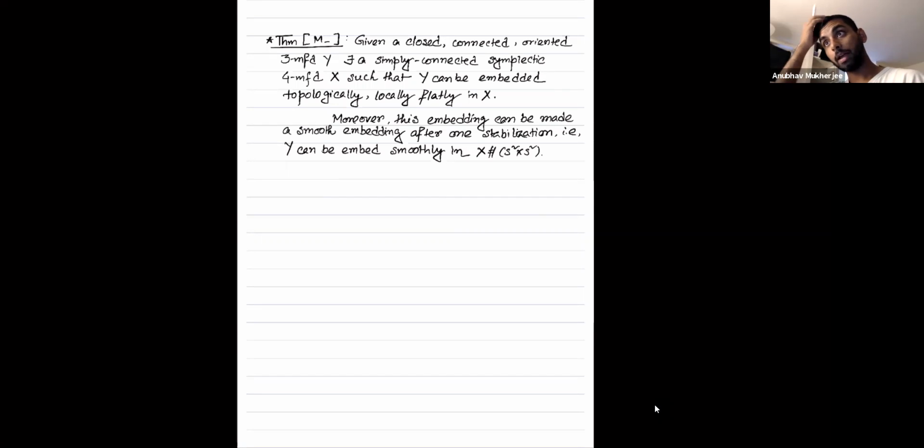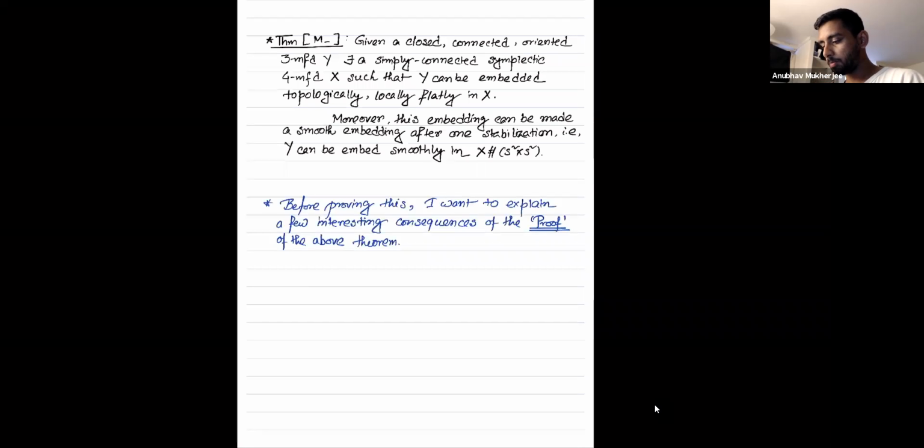That is, Y can be embedded smoothly in X connected sum S2 cross S2. Of course, X connected sum S2 cross S2 is not symplectic anymore, because if you know a little bit about Seiberg-Witten or Heegaard Floer theory, you can easily prove that the Seiberg-Witten or mixed invariant map vanishes on X connected sum S2 cross S2.